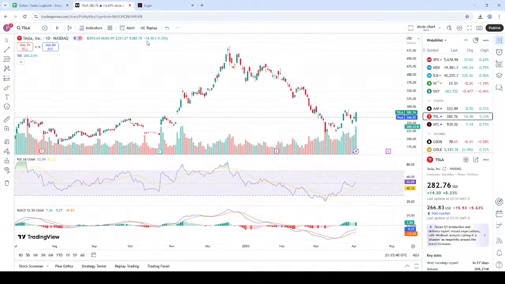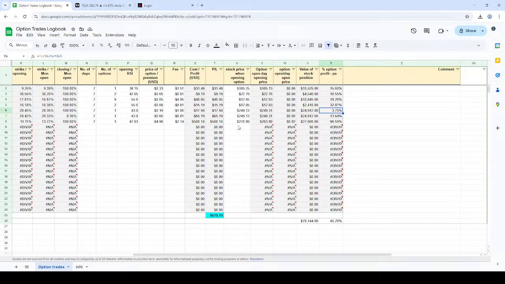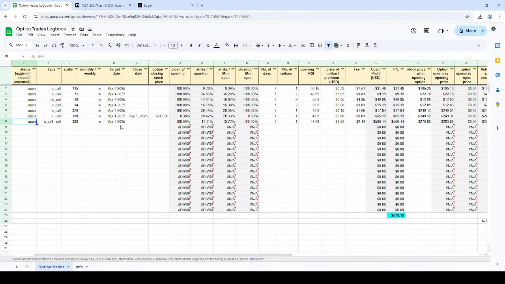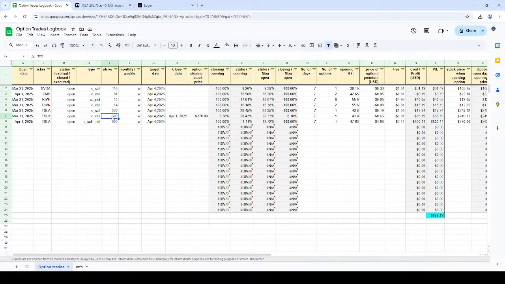But as the stock was moving up, but only a little, I decided that I want to get more premium, and I rolled these options from 300 strike price to 285.